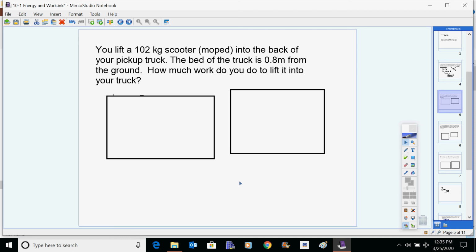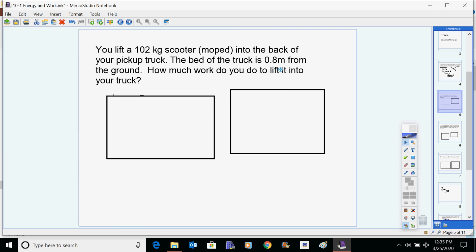You can also do work as you're opposing gravity, or gravity itself can do work. So that's up and down motion, up and down directions. So if you're trying to lift perhaps a 102 kilogram scooter, that would be quite a heavy thing just to be lifting up into the back of your pickup truck.